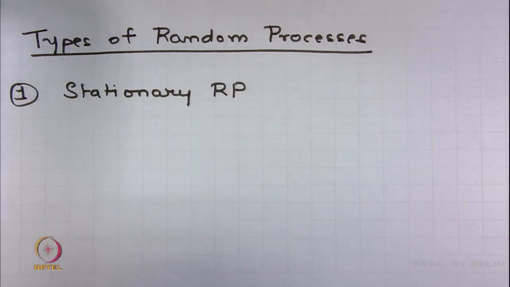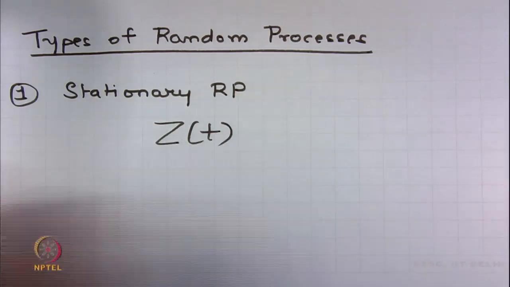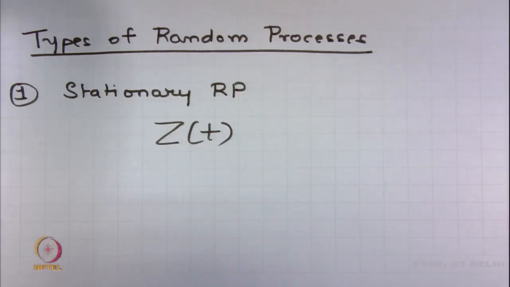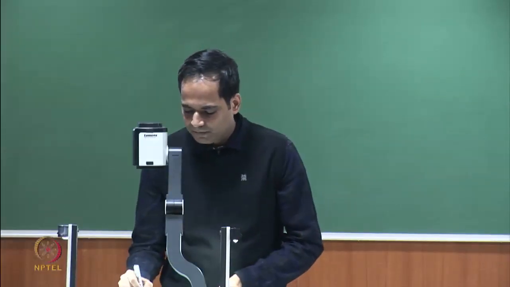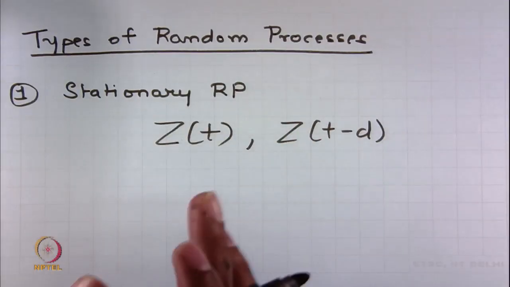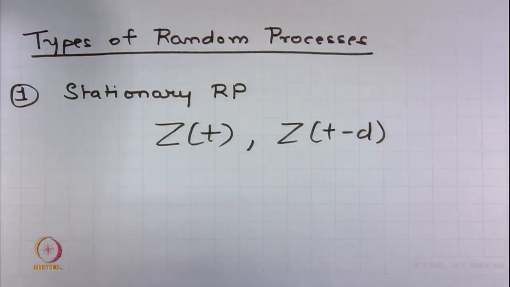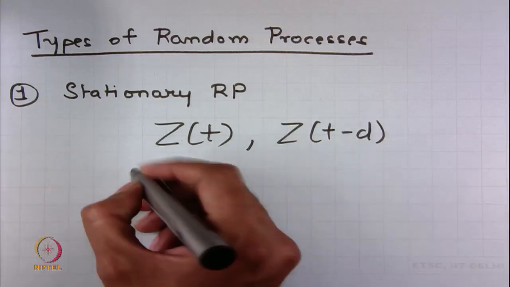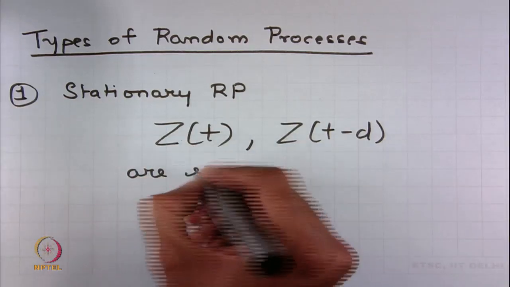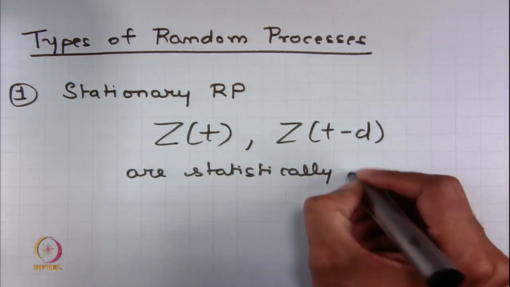What is a stationary random process? Let us try to first understand it intuitively. Suppose you have a random process z of t, and you delay this random process by some amount, let us say d units. Then the processes z of t and z of t minus d are statistically indistinguishable.